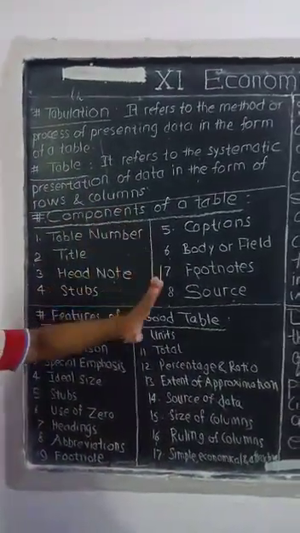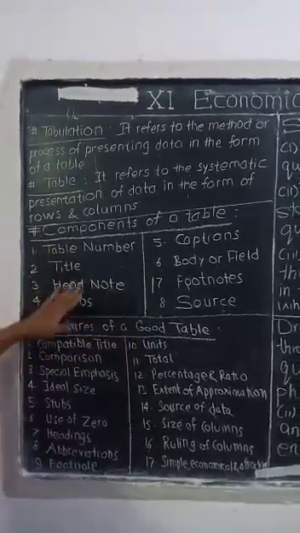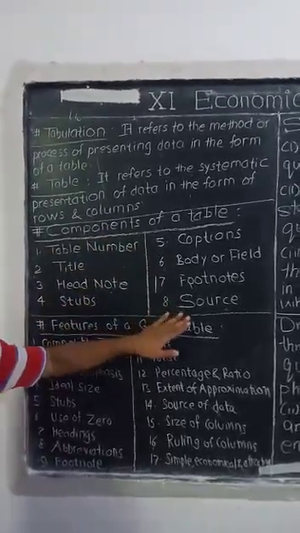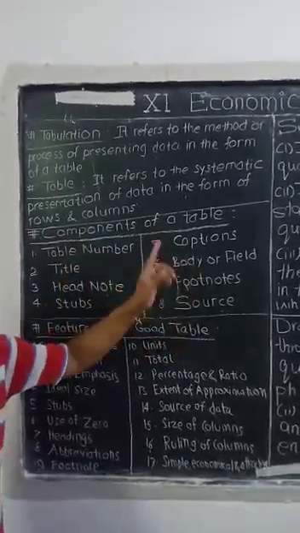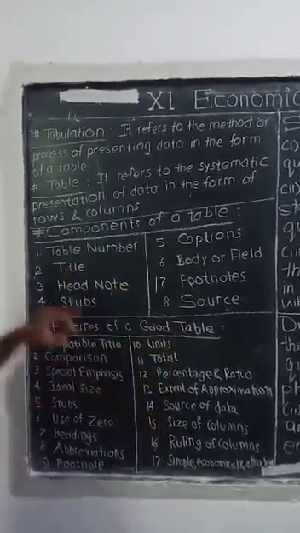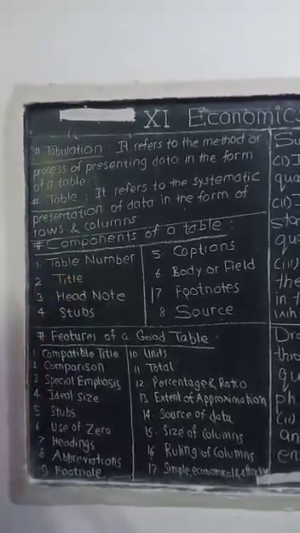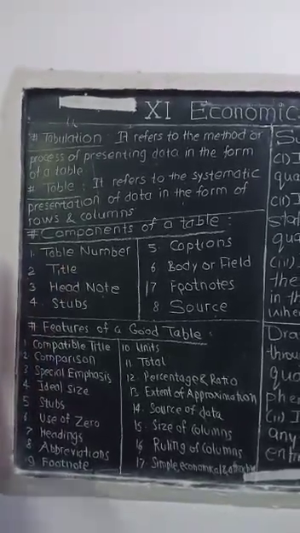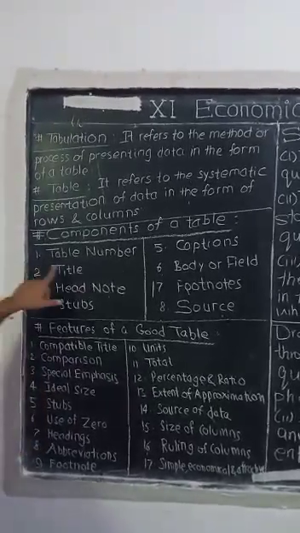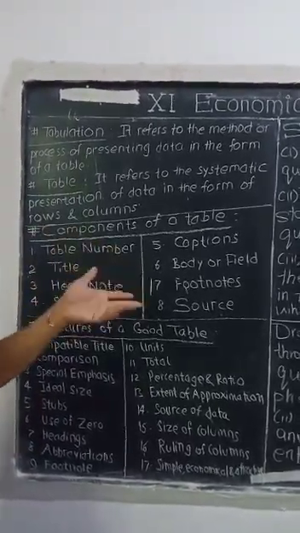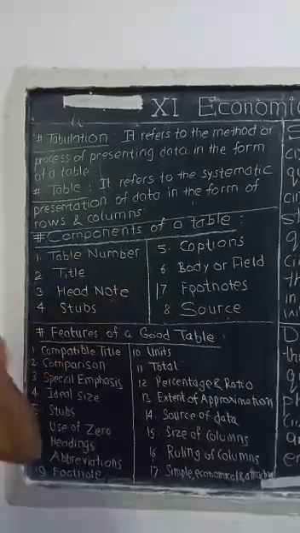And students, one thing you have to keep in mind, these points are to be learnt in the same manner, in the same sequence, number wise, and it is very easy to learn. Number one is table number. Whensoever we are preparing a table, the number should be written on the top: table number 1, table number 2, table number 3. A table must be numbered.